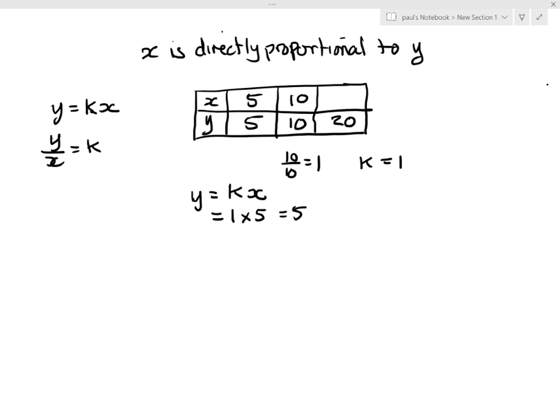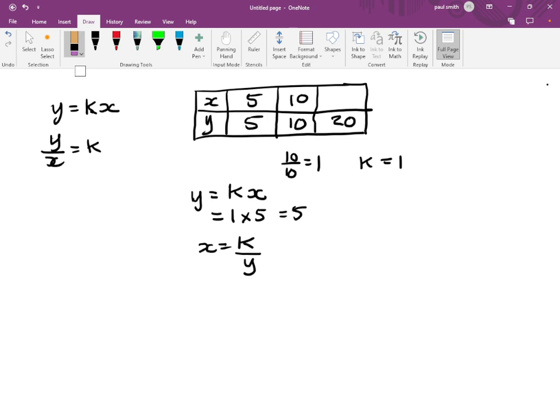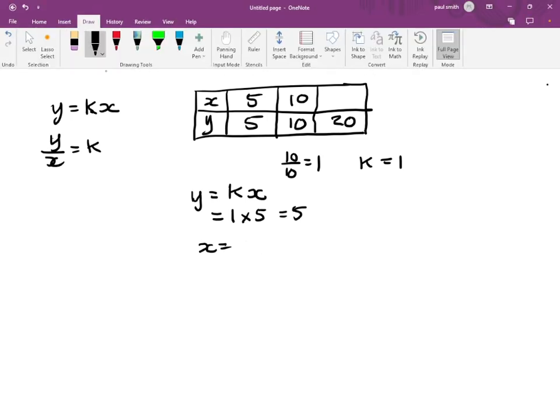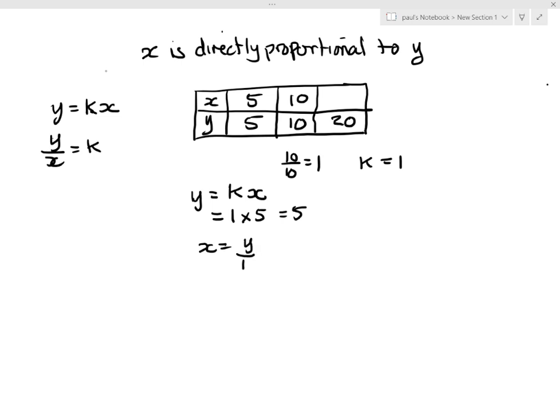And if we do it the other way around, x equals y divided by k, sorry, what a mistake. Y divided by k.